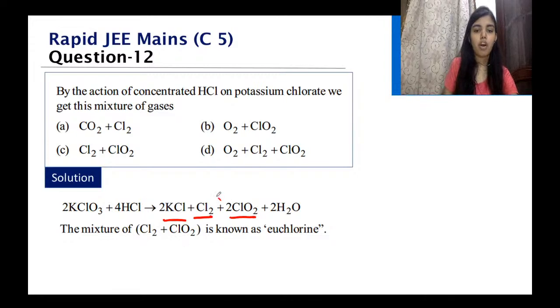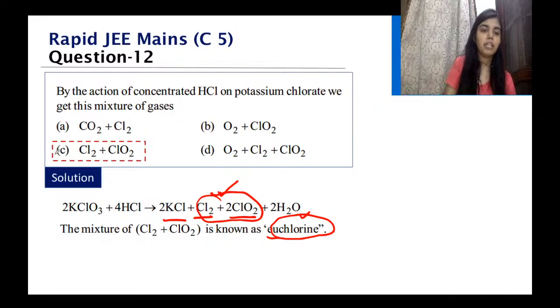Now the mixture of Cl2 and ClO2 is known as euchlorine. So this name also you have to remember. So KClO3 on reaction with HCl will give you Cl2 plus ClO2 mixture. So the answer for this particular question will be C.